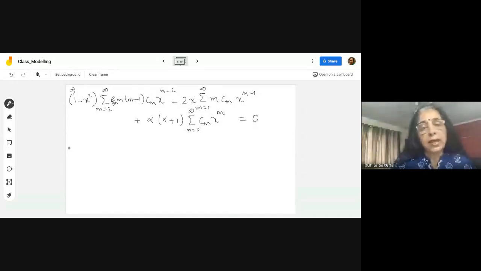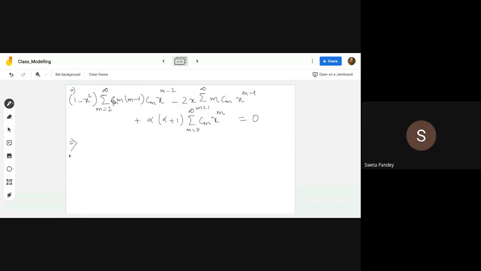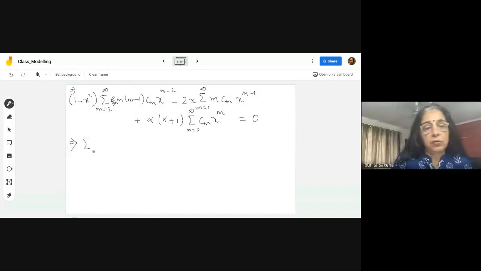Is this okay? Yes, ma'am. So now we can just split the terms, and the first term will still be this, m from 2 to infinity, because it is 1 minus x squared. But the second term will become minus summation m from 2 to infinity m(m minus 1) c_m, now it is x^(m minus 2) and x squared, so it will be simply x^m.